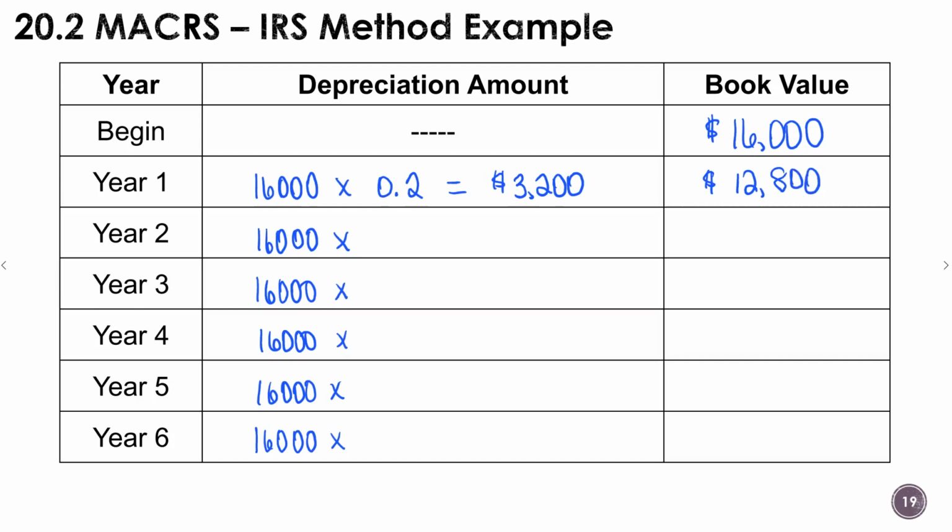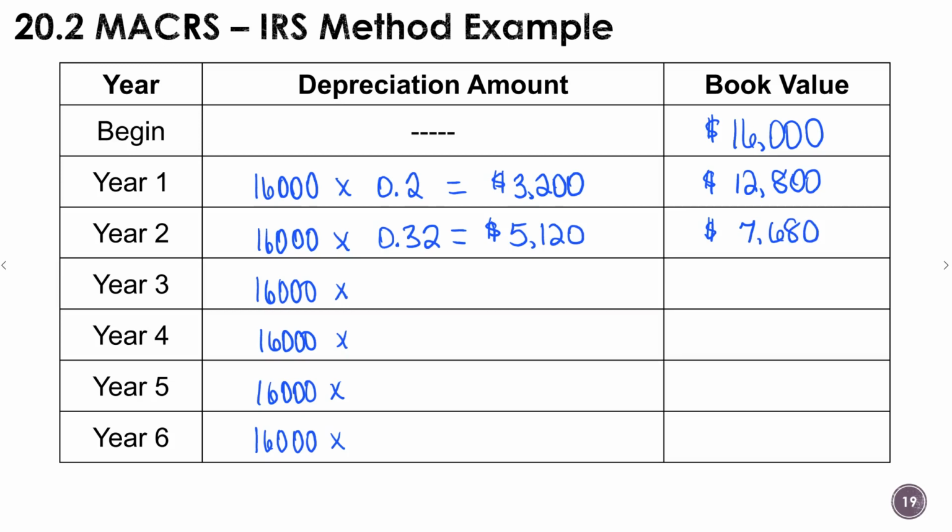And then our next percent was 32%, so that's 0.32 in decimal form, which we always do when we're multiplying by a percent. So this year it's 5,120, and then we subtract that from the 12,800. That 800 just looks a little weird. Maybe it still does. And then we get 7,680.